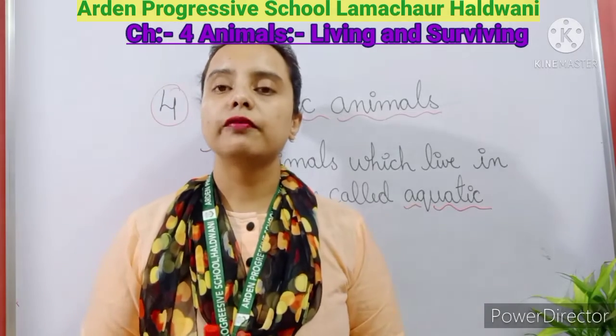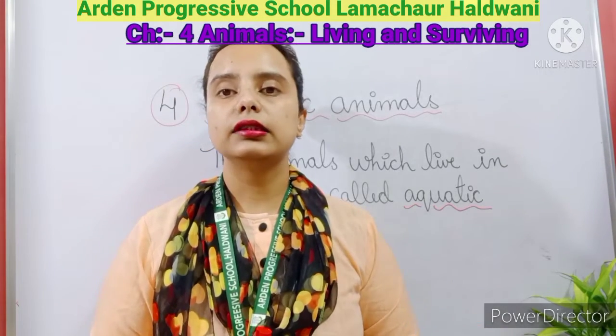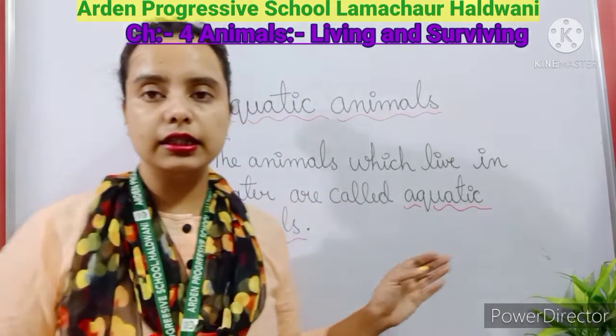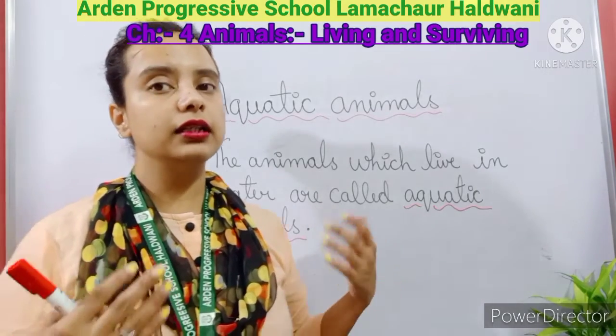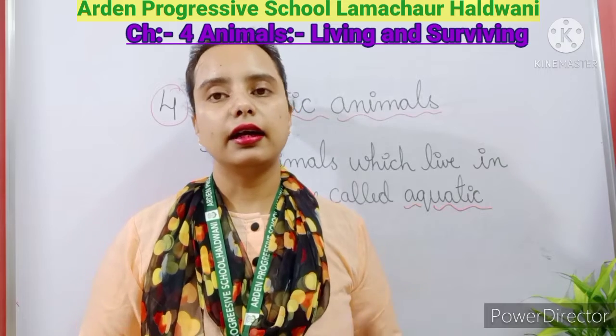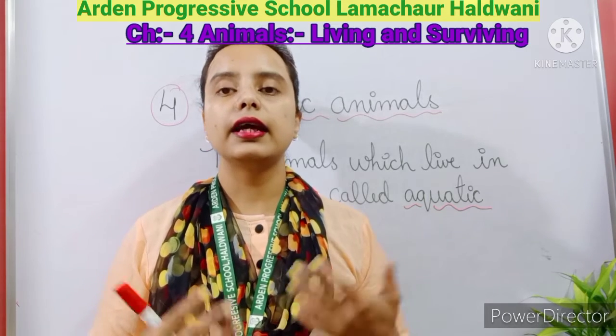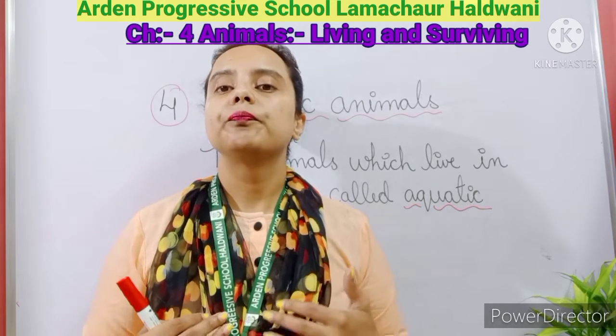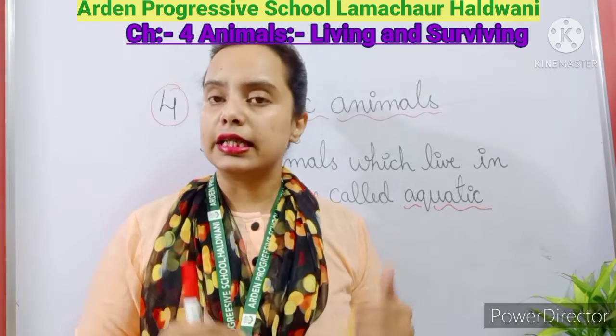And some of the aquatic animals that live on the land have some other special features, like instead of lungs they have gills. They have gills to breathe inside the water.